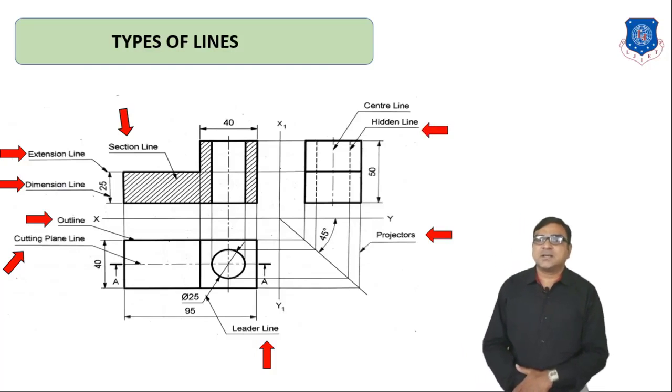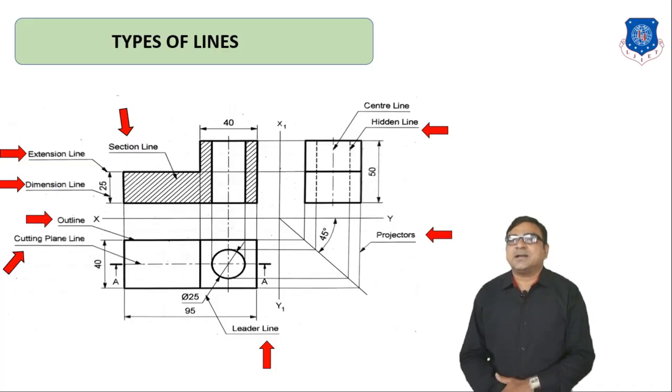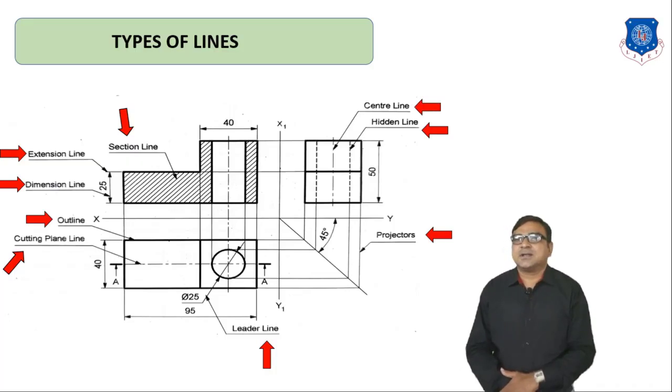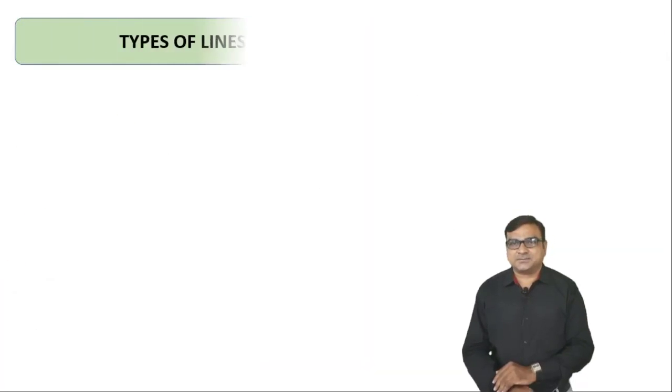Hidden lines. In our object, if you want to represent the part which is hidden from the viewing side, that line or surface is represented as a dashed line, and the symmetrical object or the axis of the object is represented by the center line.